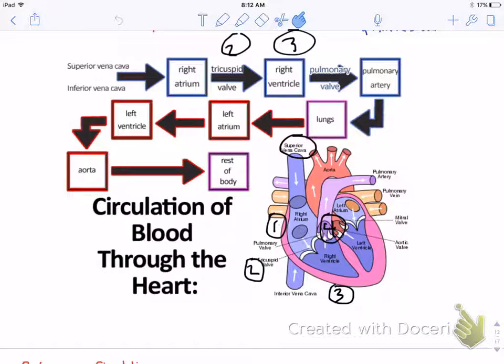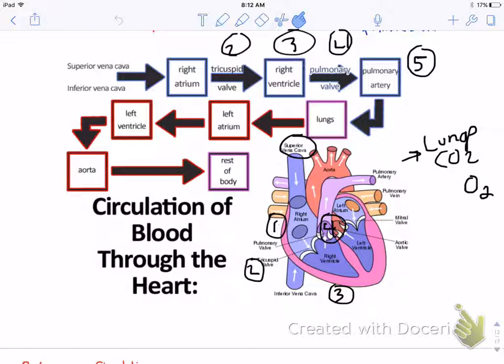From the pulmonary valve, you're going to move to the pulmonary artery. The pulmonary artery is going to take the blood to the lungs. So from the lungs, you're going to drop off the carbon dioxide and you're going to pick up the oxygen.